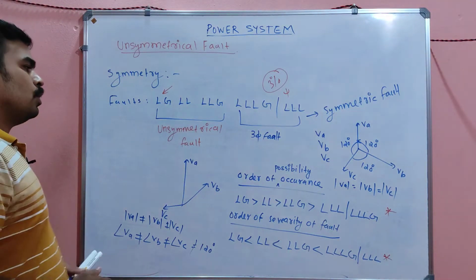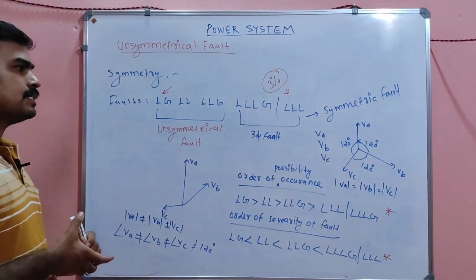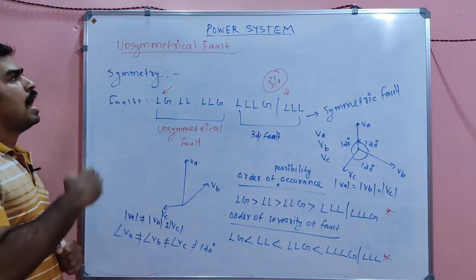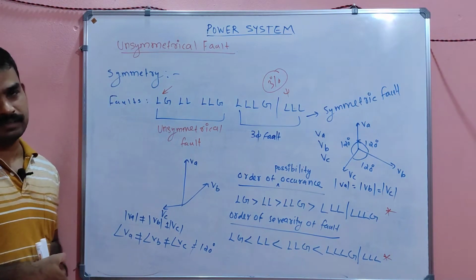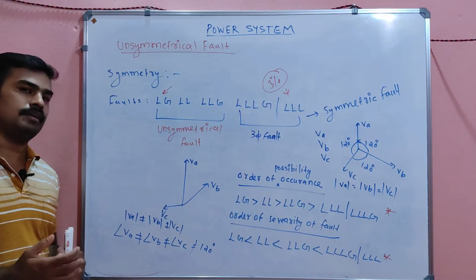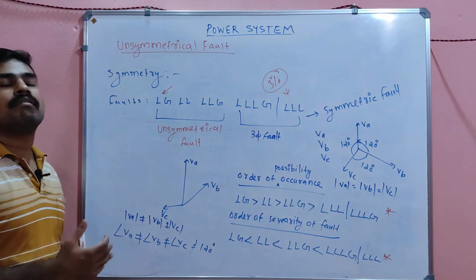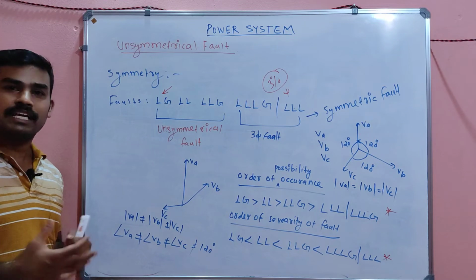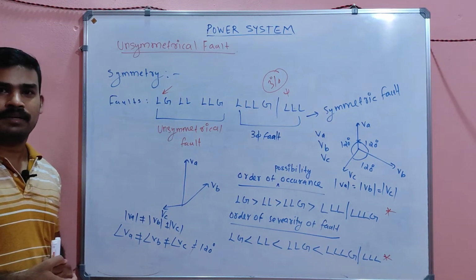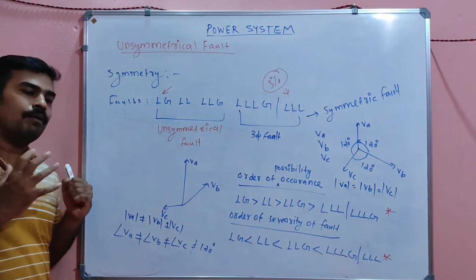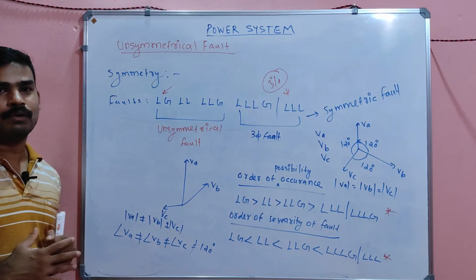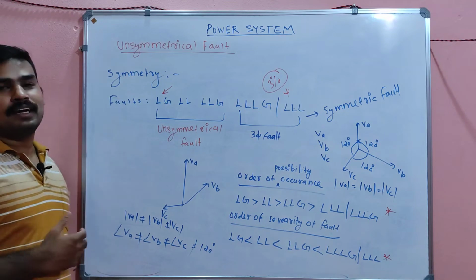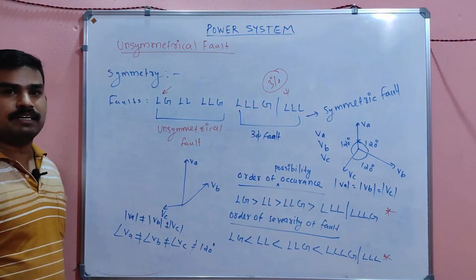So now we are going to discuss how we can calculate the unsymmetrical fault current, because only by knowledge of the fault current can we design the circuit breaker and the relays. Okay, is it clear now? That is very difficult.